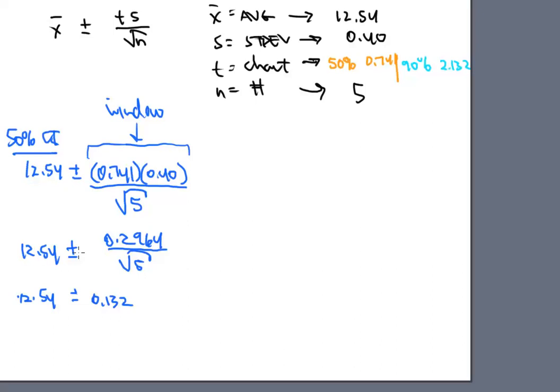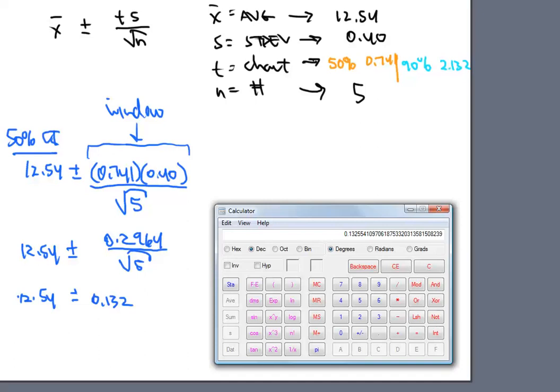So 12.54 plus or minus 0.132. That is the confidence interval, which means that 12.54 is the number that I have gotten. So if I take 12.54 and I subtract 0.13 from it, I'll get 12.41.